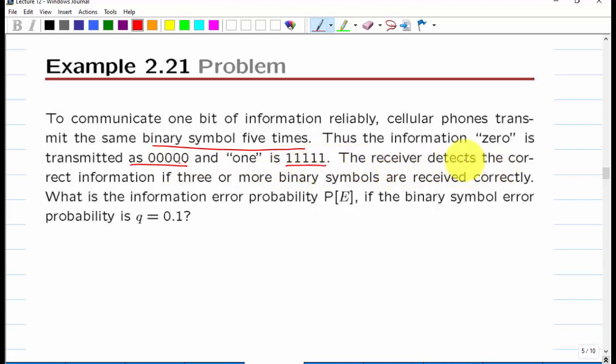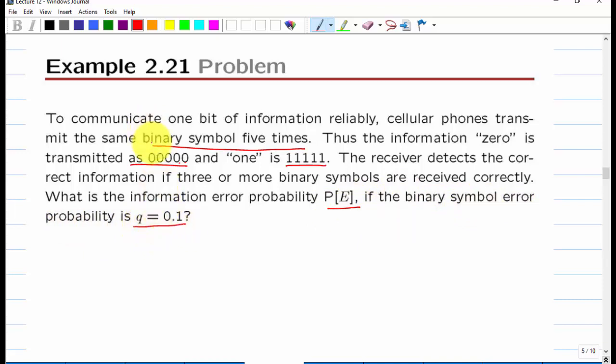The receiver detects the correct information if 3 or more binary symbols are received correctly. If less than 3, it will discard it. So what is the probability of error? We need to find it if the binary symbol error probability is q equal to 0.1.